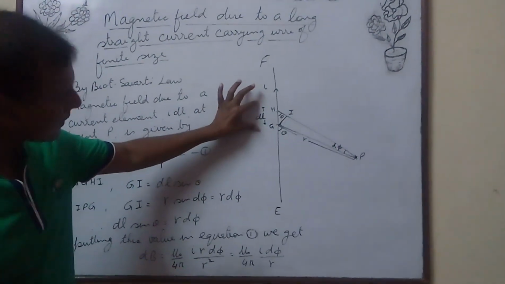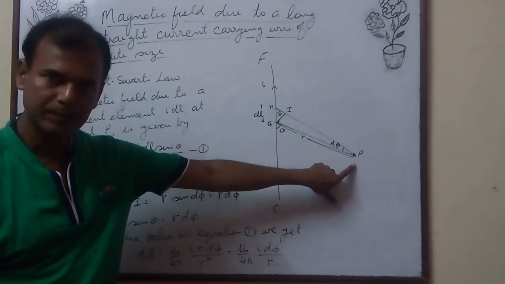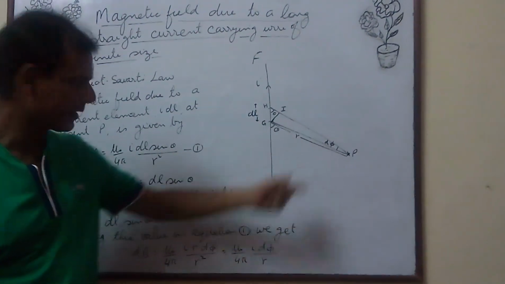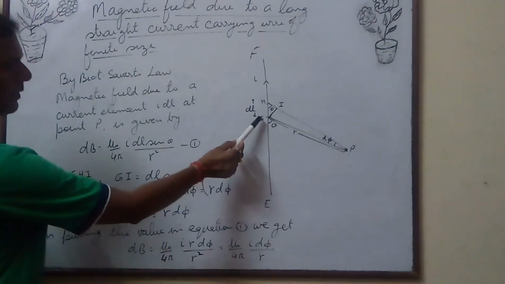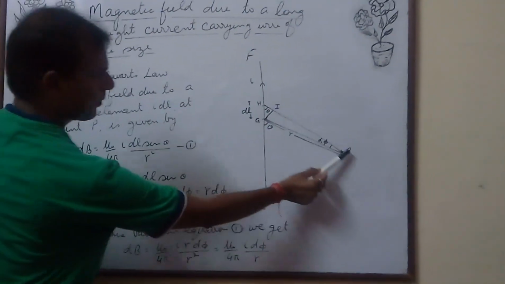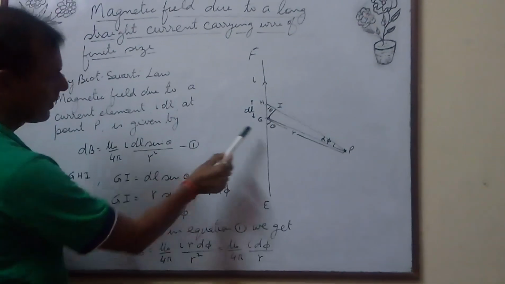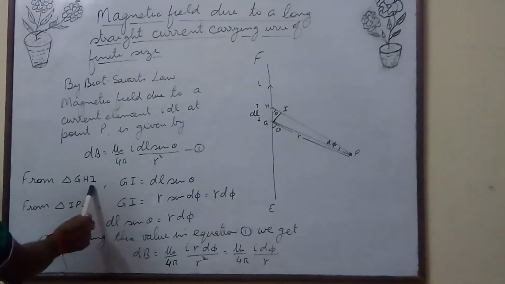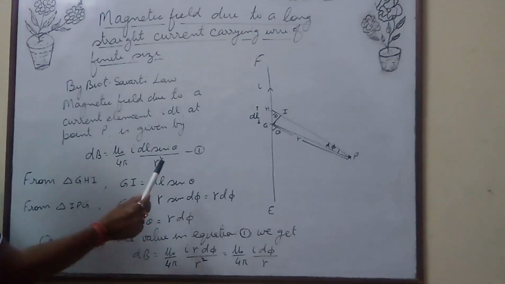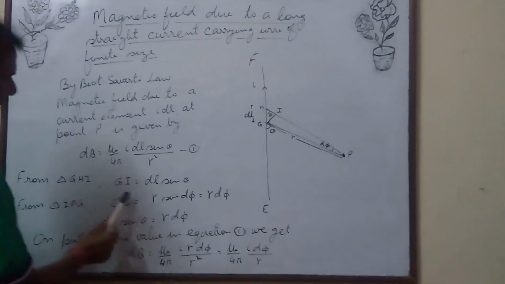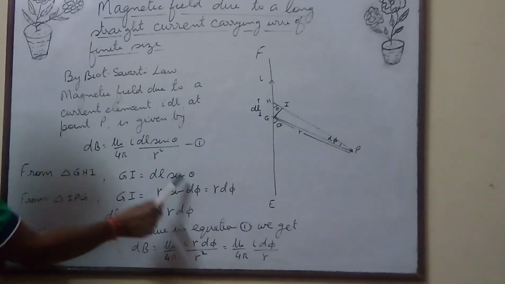Because of small length dl, magnetic field at any point P, which is at distance r, is given by this. Now from G, we drop a perpendicular on PH at I. From triangle GHI, GI is equal to dl sin theta.